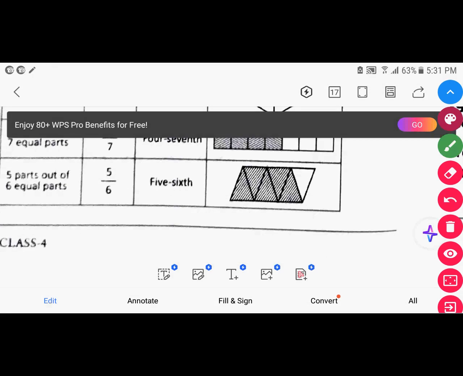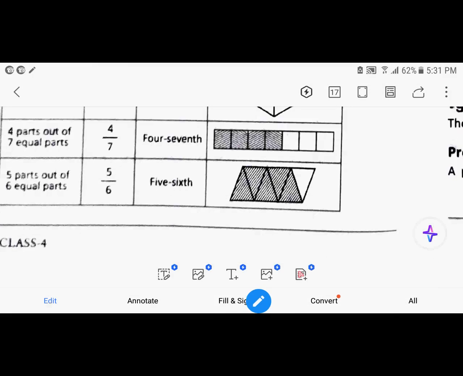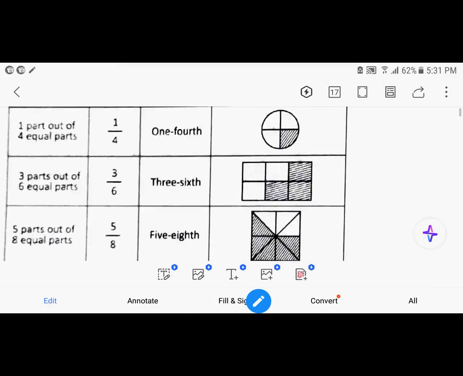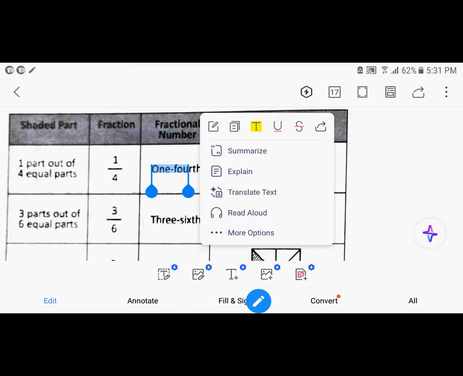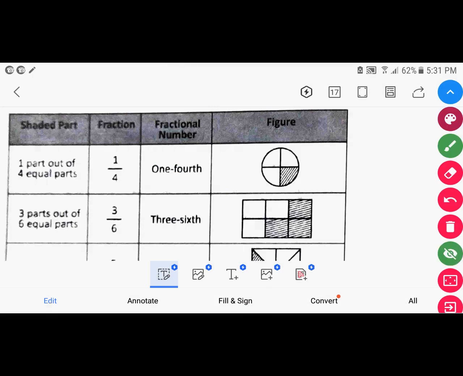Now here is some figure which shows the fractions to you, where the circle is divided into four equal parts, and one of the parts is shaded, so it is represented by 1/4, one part out of the four equal parts.